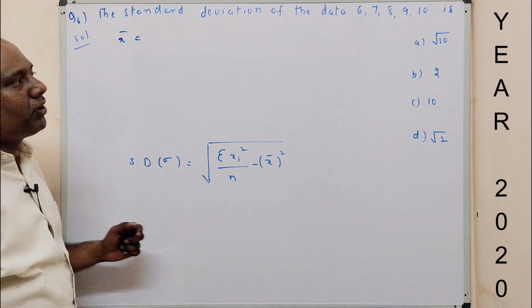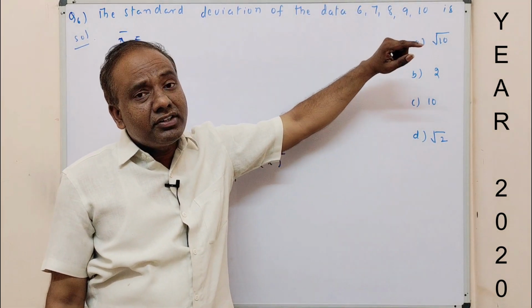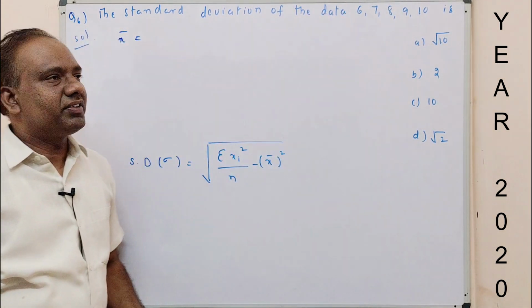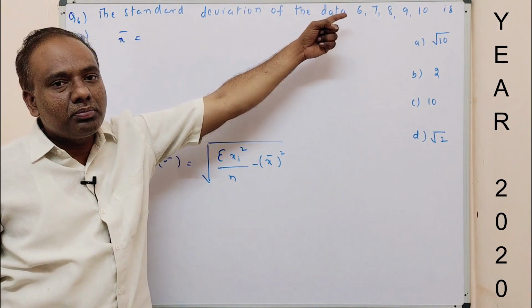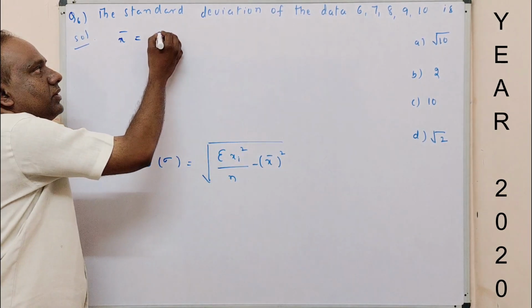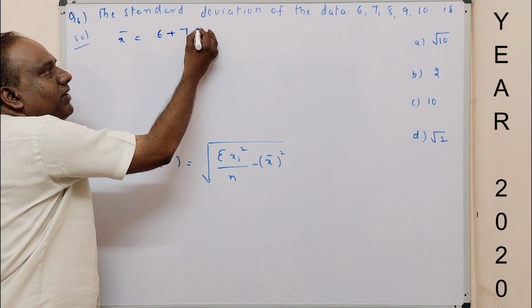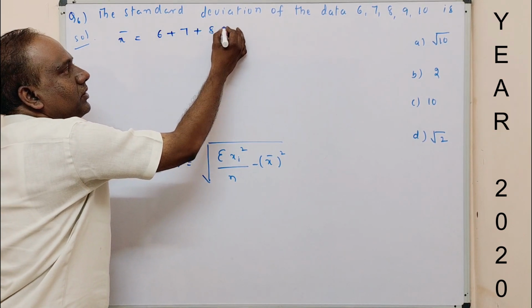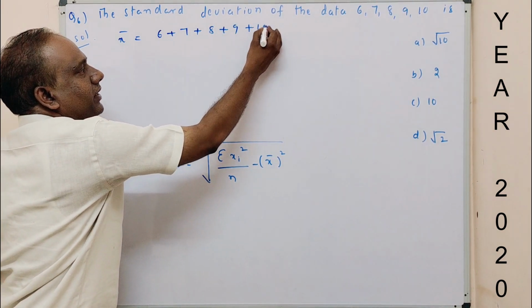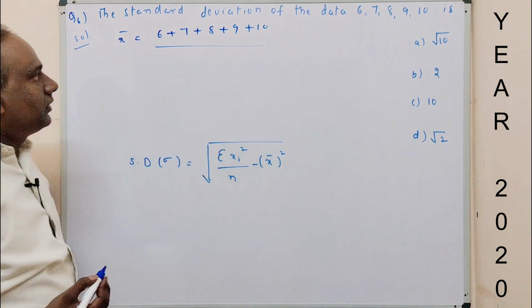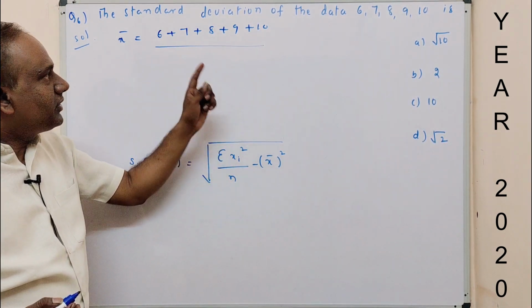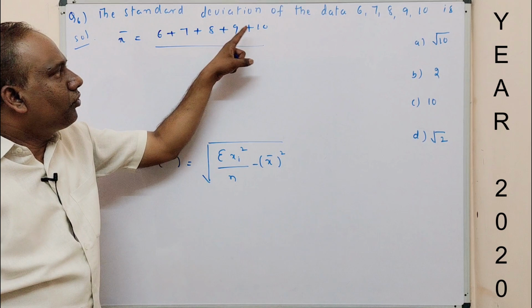First of all mean, so x bar. So mean x bar is equal to, the formula is sum of the observations by total number of observations. That means sum of the observations now. So 6 plus 7 plus 8 plus 9 plus 10 by, here number of observations are 1, 2, 3, 4, 5.